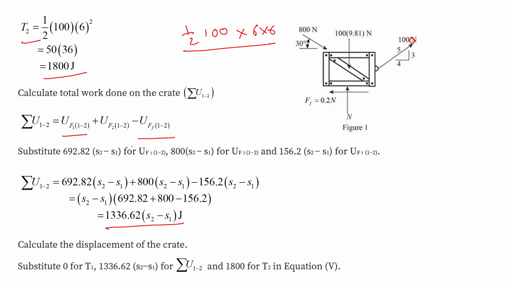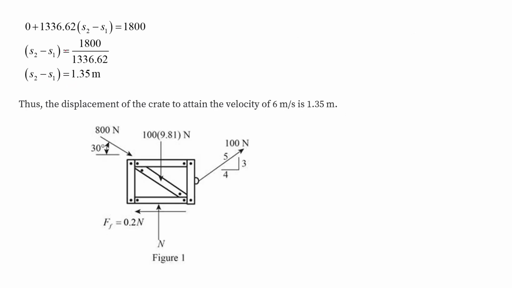So as we equate it with 1800 joules, we can find the value of S2 minus S1. That comes out to be 1.35 meter. Hence, we can say that the displacement of the crate to attain the velocity of 6 meter per second under the influence of these forces is 1.35 meter. Thank you.